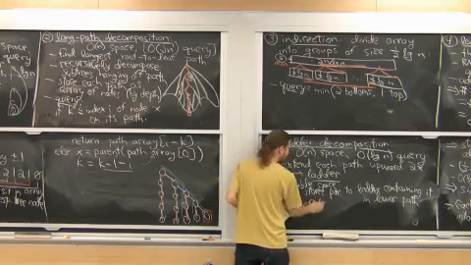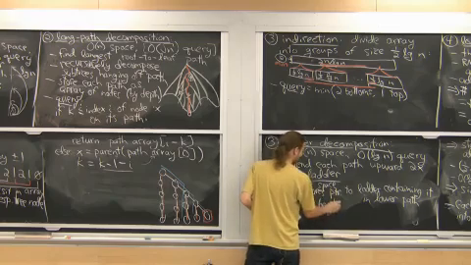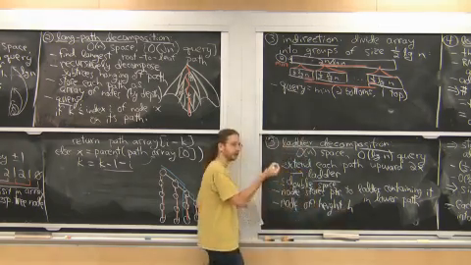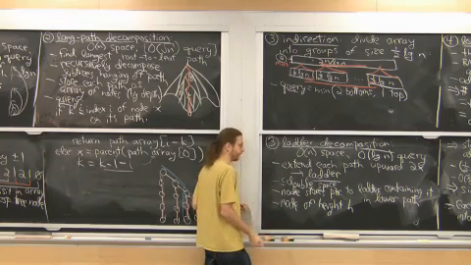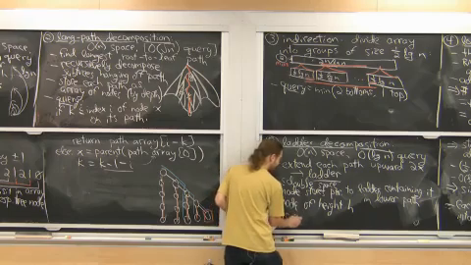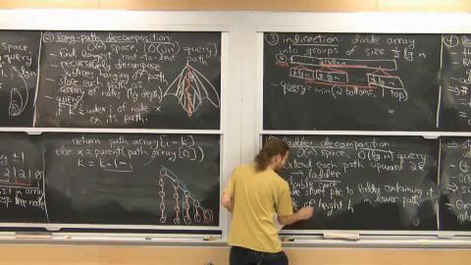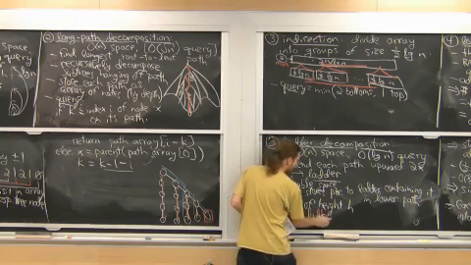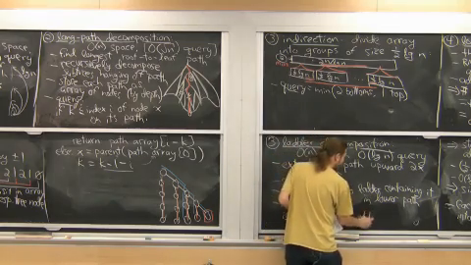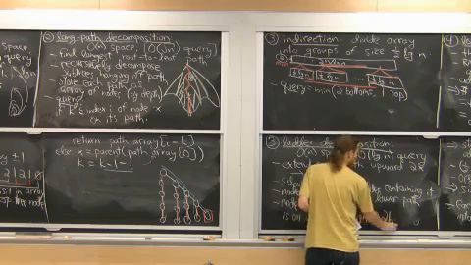If I have a node of height h, remember height of a node is the length of the longest path from there downward, it will be on a ladder of height at least 2h.